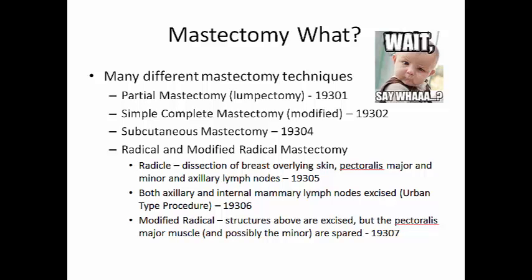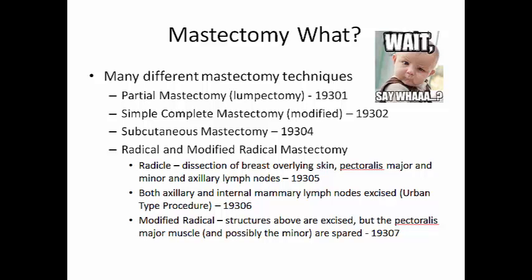Now, in a radical and modified radical mastectomy, radical is dissection of breast, overlying skin, pectoralis major and minor, and axillary lymph nodes. That would be 19305.